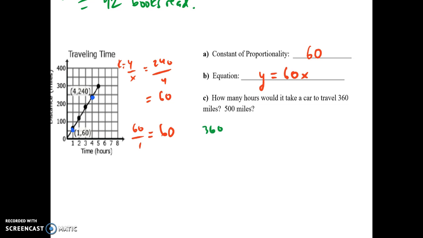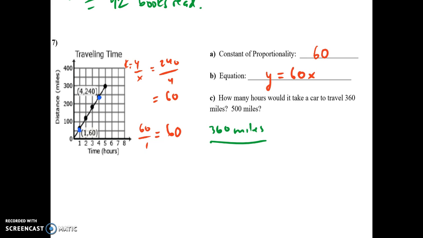All right, so let's do 360 miles first. All right. Now, if we were consistent with what we did in the other questions, you might write x equals 360 miles. Right? But when we actually look at the question, we see that miles is our y-axis, hours is our x-axis. Right? So since miles is our y-axis, we're going to start this off by writing y equals 360 miles.